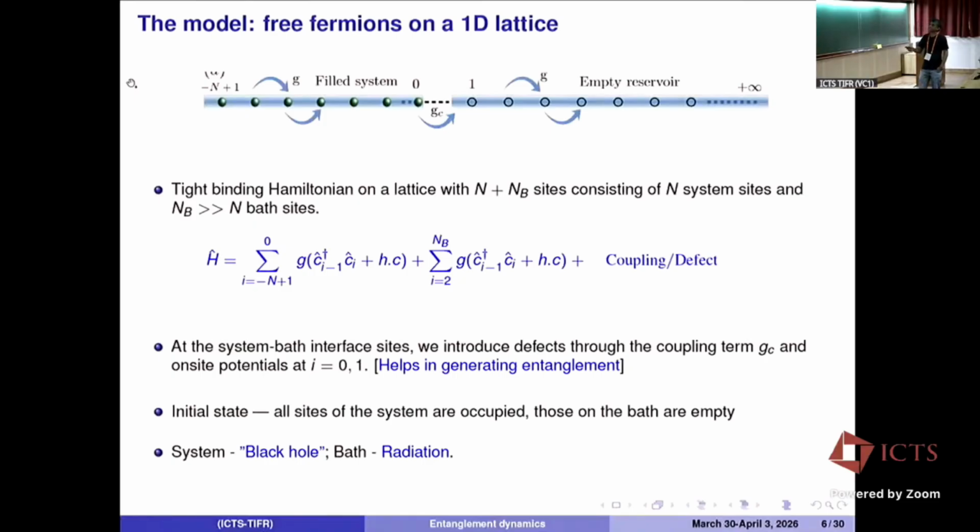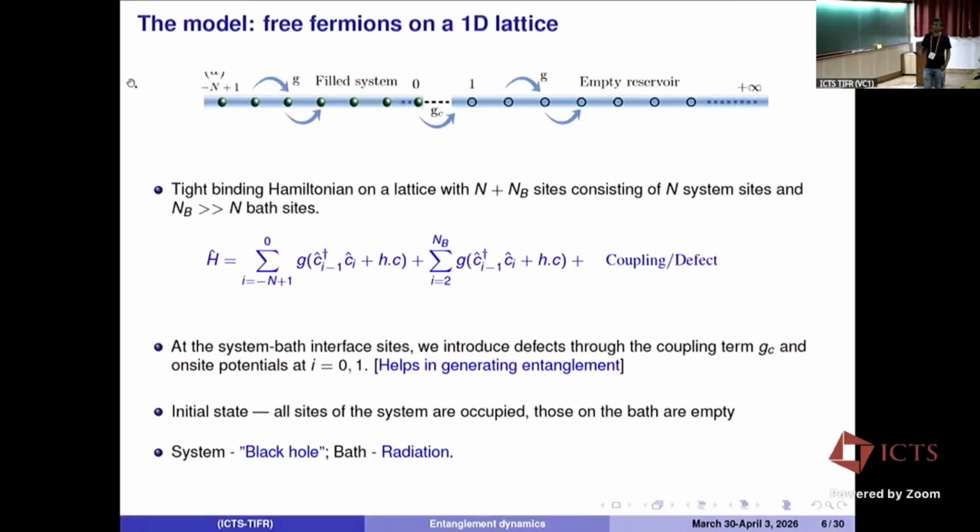Okay, so this coupling G_C is different from the coupling here, and then we also put some on-site potentials at these two sites. Okay, so that's the only inhomogeneity in this system. Everywhere else it's completely given by this hopping Hamiltonian.